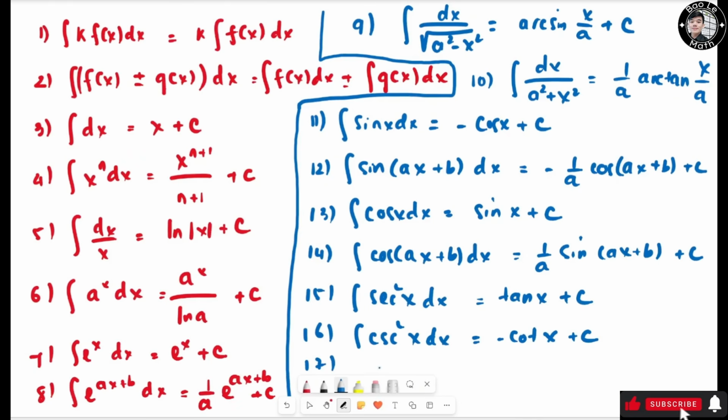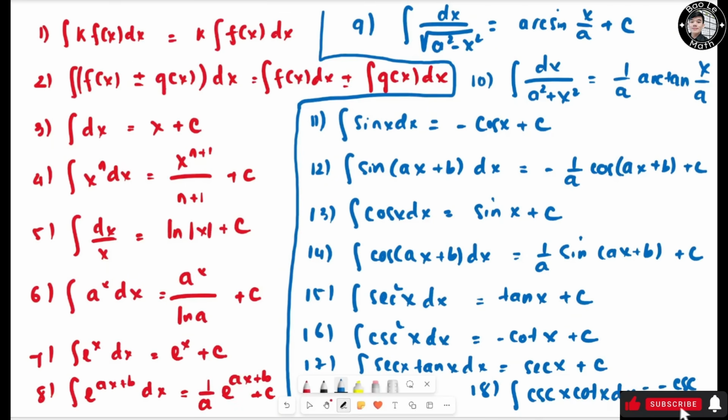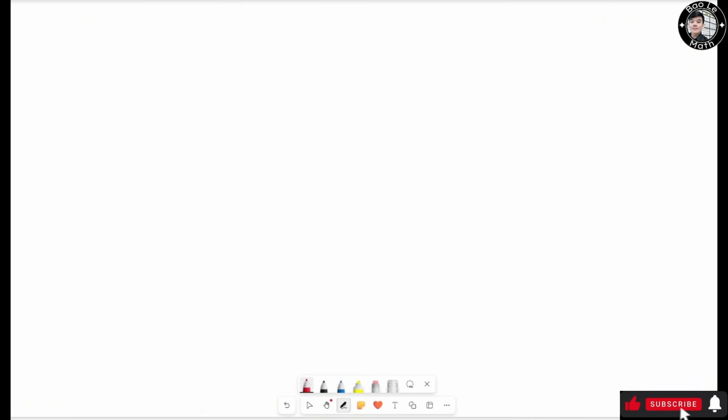Number 17, the antiderivative of secant s tangent s ds is secant s plus c. Number 18, the antiderivative of cosecant s cotangent s ds is negative cosecant s plus c.